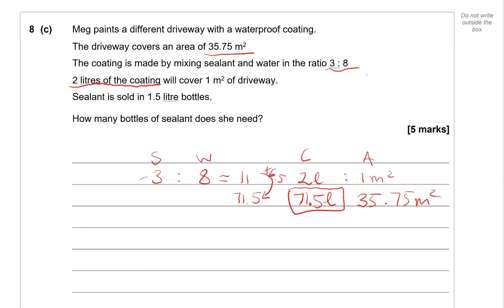So we need to do the same thing with the unit for the sealant. So 3 times 6.5 gives us 19.5. That is liters. So 19.5 liters of sealant. Sealant is sold in 1.5 liter bottles. So 19.5 divided by 1.5 gives us 13 bottles.